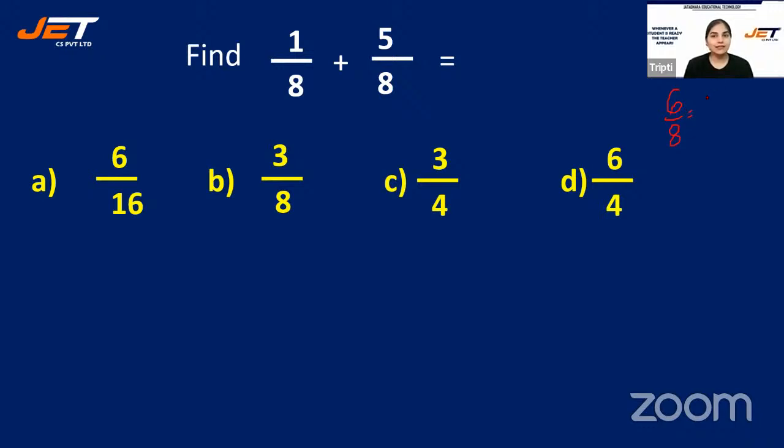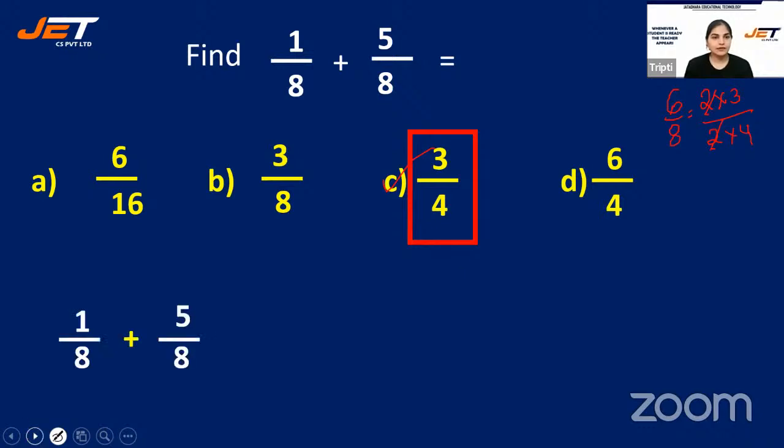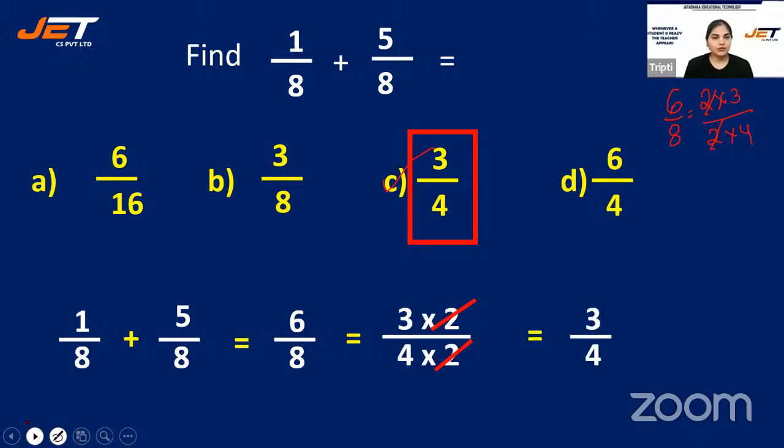How can you write 6? Yeah, 6 can be written as 2 times 3 and 8 can be written as 2 times 4. 2 cancel. The answer is 3 by 4. That's our answer. See? 6 by 8, then simplifying it, 3 by 4 is what we have got.